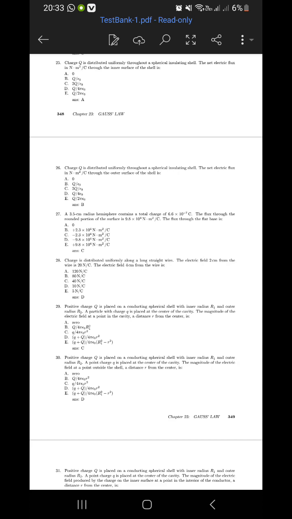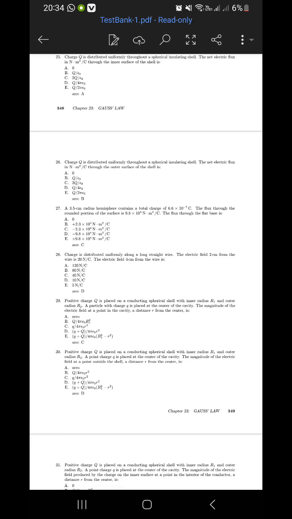Same magnitude, but negative. Charge is distributed uniformly along a long straight wire. The electric field 2 cm from the wire is 20 newtons per coulomb. The electric field 4 cm from the wire is what? It is 10. You take that 20 divided by 2, it gives you 10.